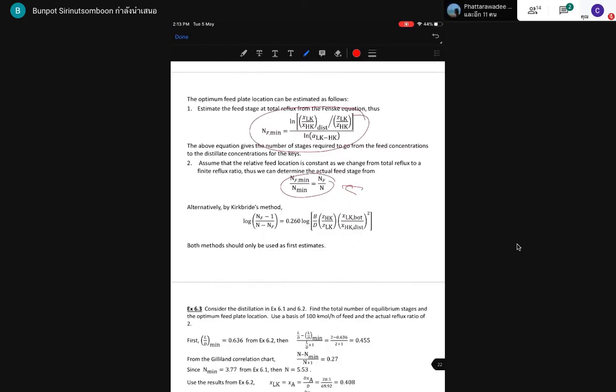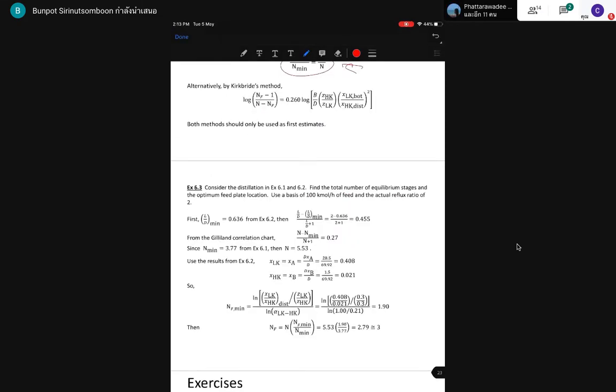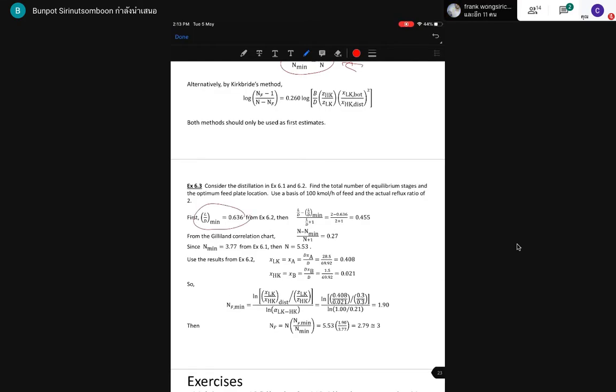And this is an example here, continuing from examples 6.1 and 6.2. So we find the minimum reflux ratio, and we find N minimum.